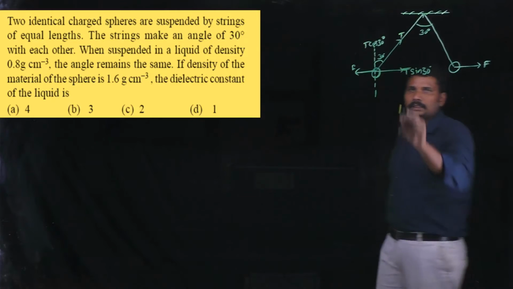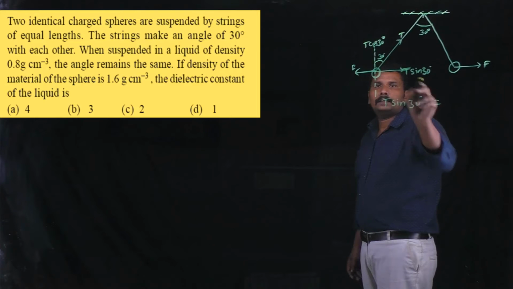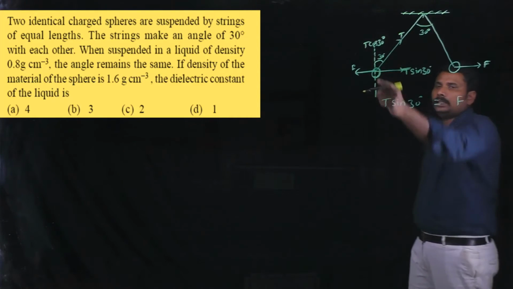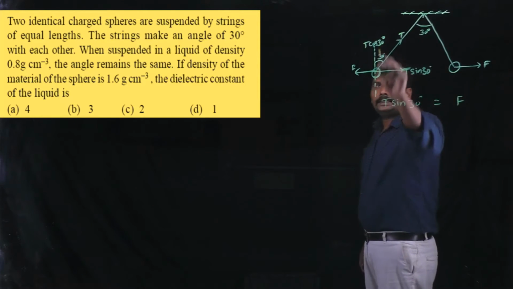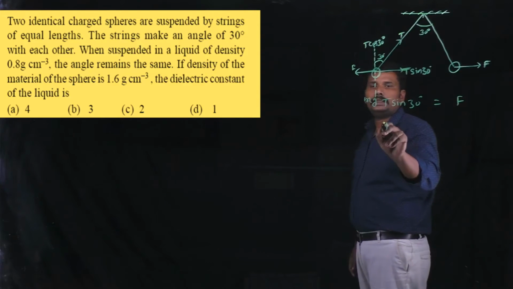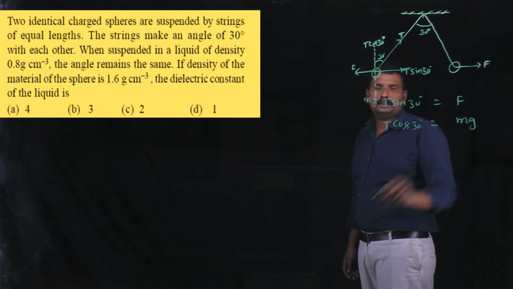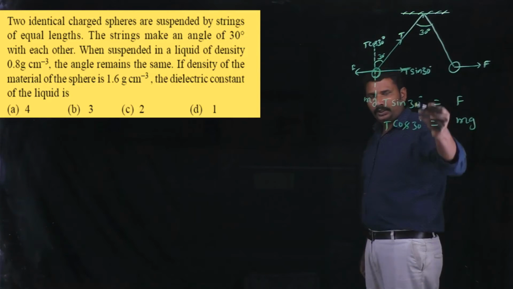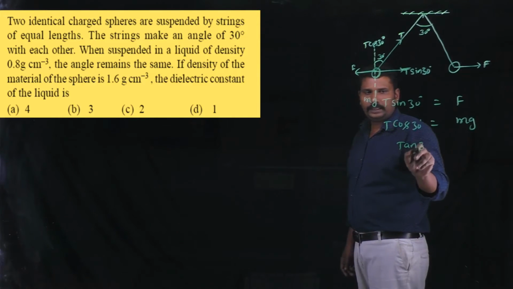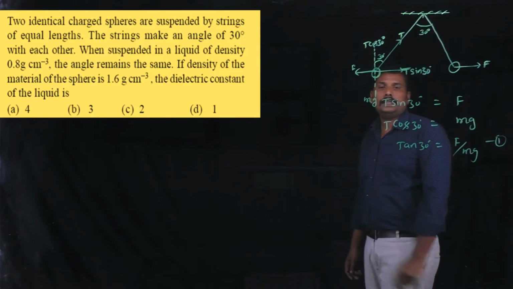Here T sin 30 degrees supports the Coulombic force acting on this sphere, and this T cos 30 degrees balances the weight of the sphere. By dividing these two equations, we get tan 30 degrees equals F by mg. This is equation number 1.